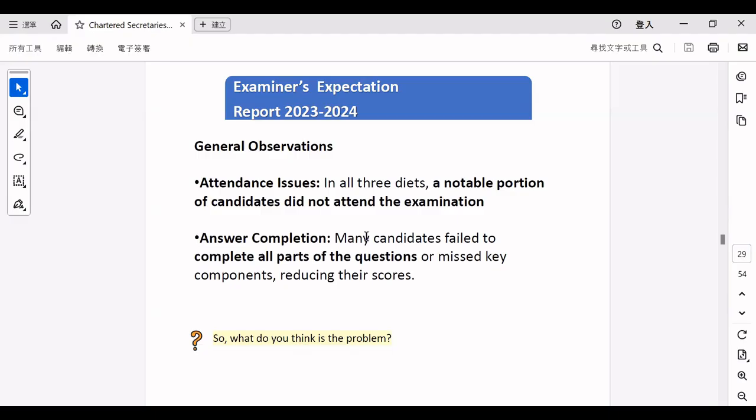So my advice to most of you is that you need to prepare well for the examination. You may want a shortcut, but the answer is there's no shortcut for public examinations.